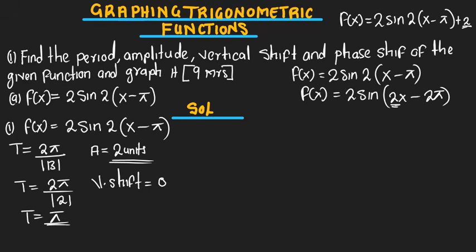And I'll be able to show you how to use whatever we are collecting right now. How do you find the phase shift? Before you do anything, before you manipulate the function, leave it the way it is in the original form. Then collect this part which contains pi only. Then say x minus pi, then equate it to 0.